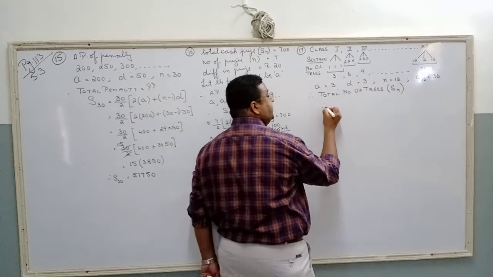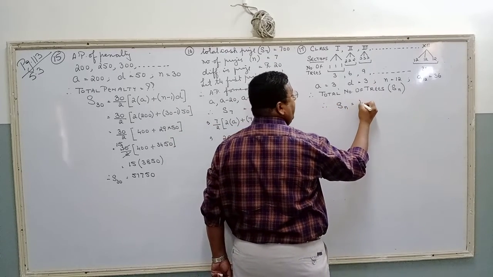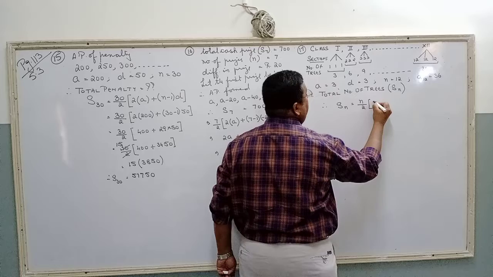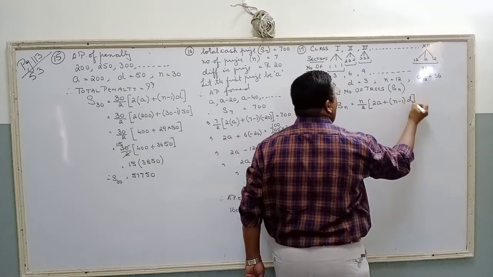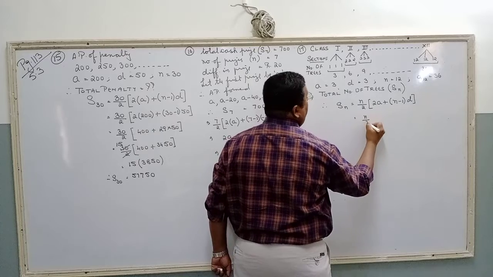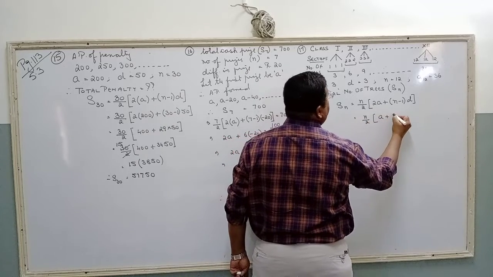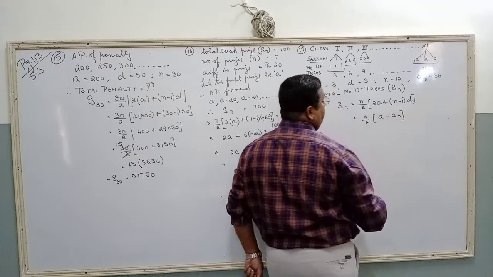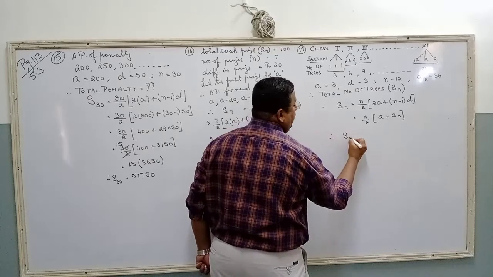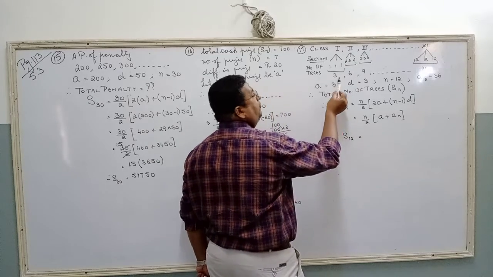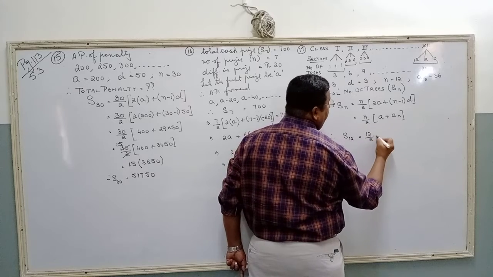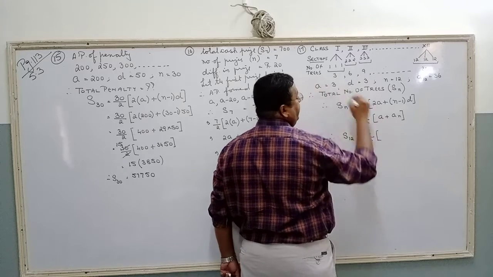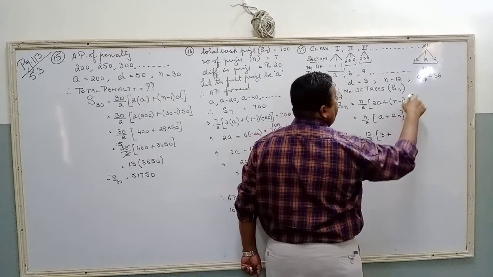Apply the formula of Sn. Sn is equal to n by 2 into 2a plus n minus 1 into d, or n by 2 into a plus an. So the sum of 12 terms. How many terms are going to be there? 12. S12 is equal to 12 by 2 into a. How much is a? 3 plus an, 36.